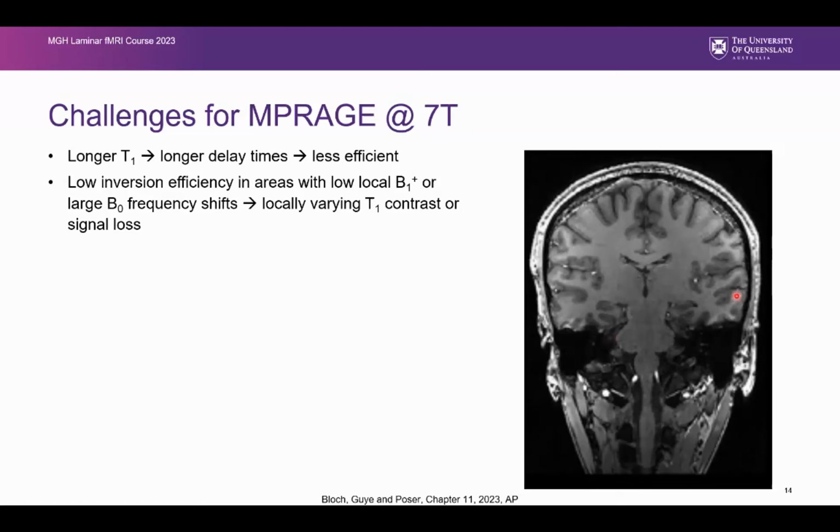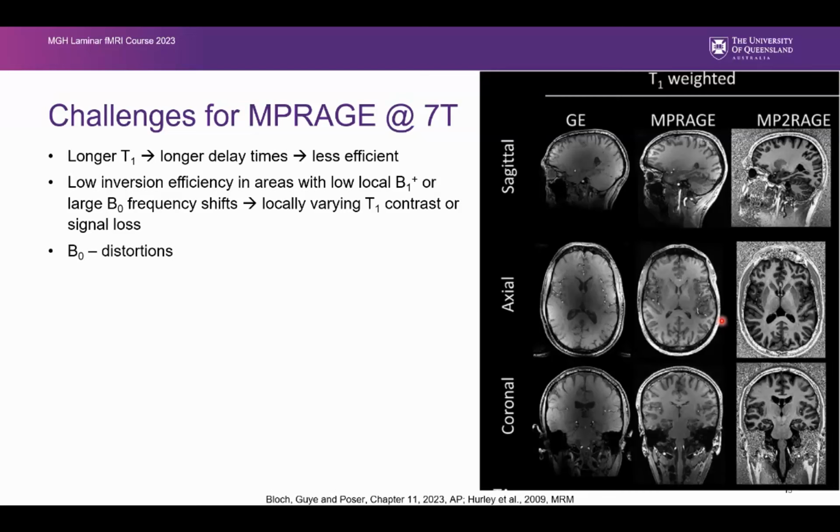So basically, you see how you have the white matter here, and there should be gray matter around it, but it's gone. So this is B0. And basically, you don't have a good inversion efficiency anymore at that point. Which is a problem if you, for example, study people with FTD, because the disease means that the gray matter is gone. So you don't know which one it is, which can be quite challenging.